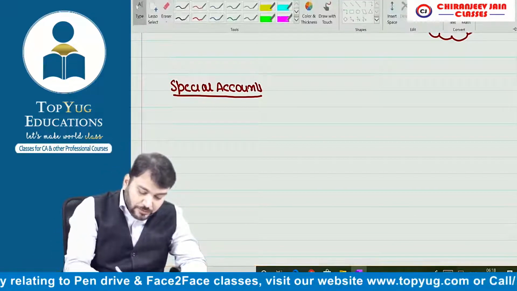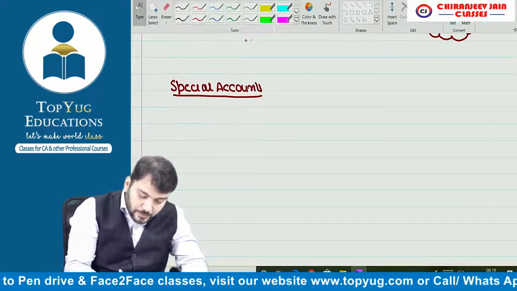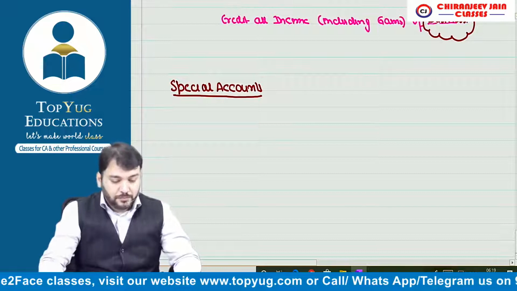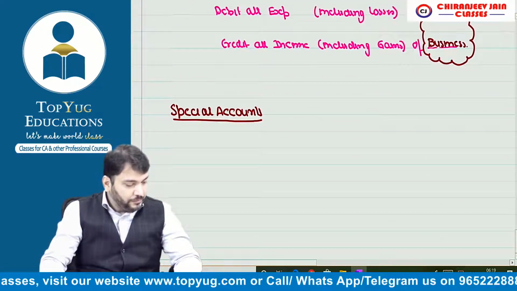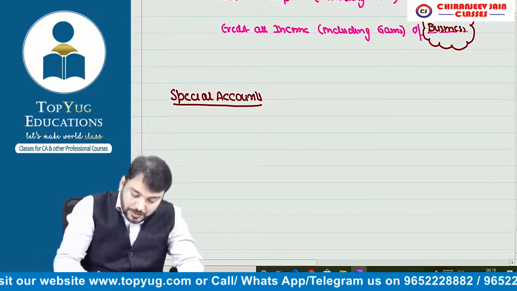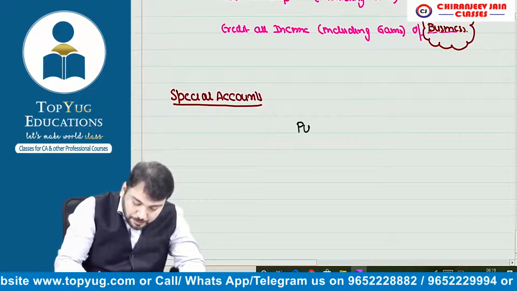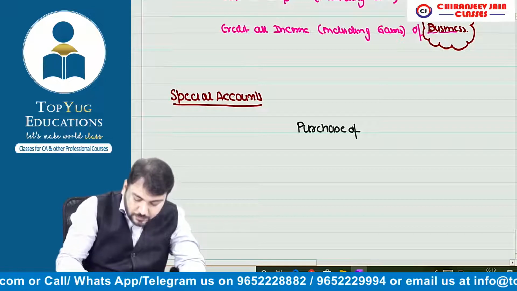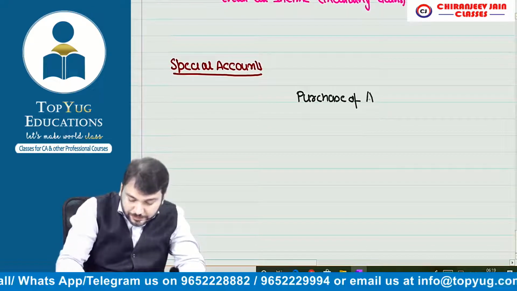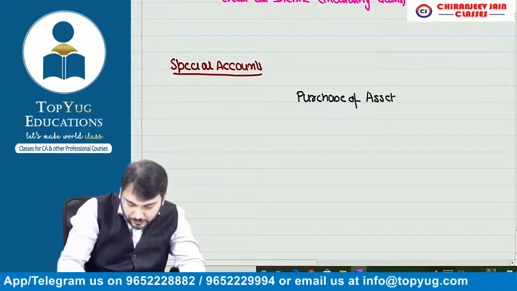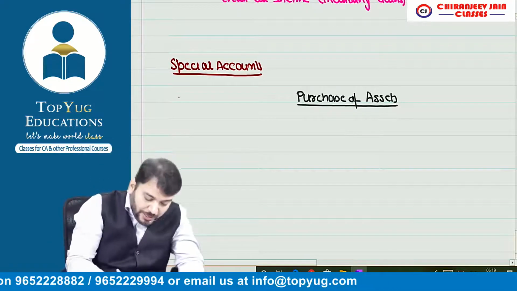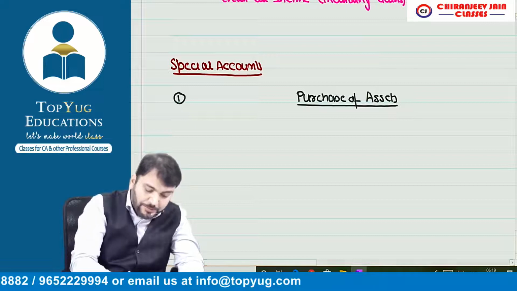Now, special account. Write down: purchase of assets. Special point number one.